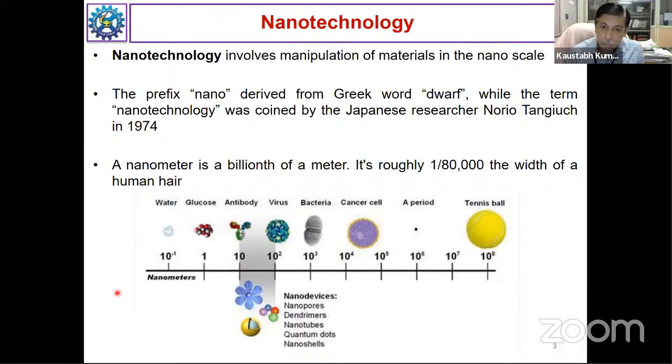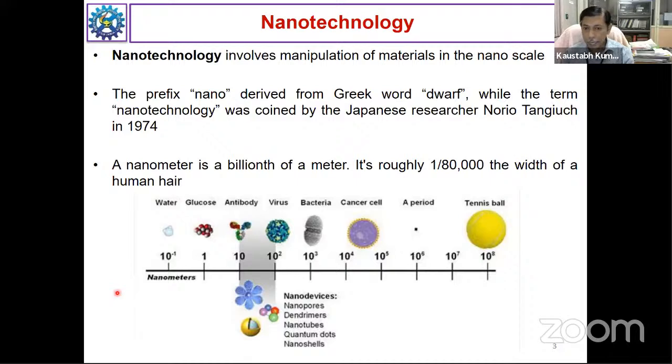Just before that, to get a feel for the bulk material, starting from water to small synthetic molecules, to big molecules like protein or virus, then a cellular component like a cancer cell, and then any kind of material.